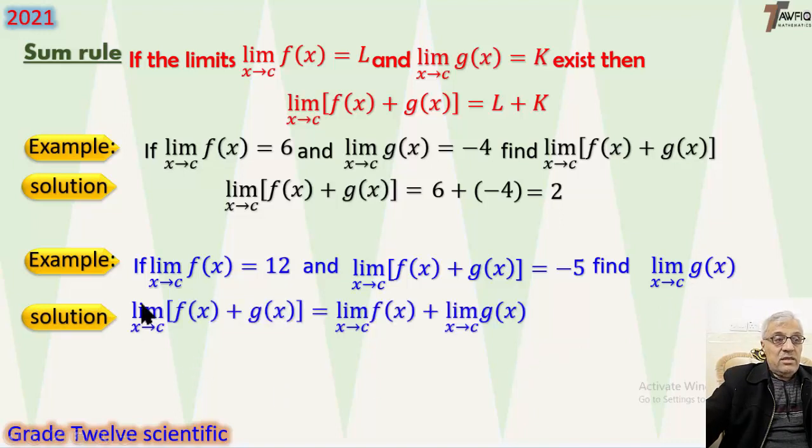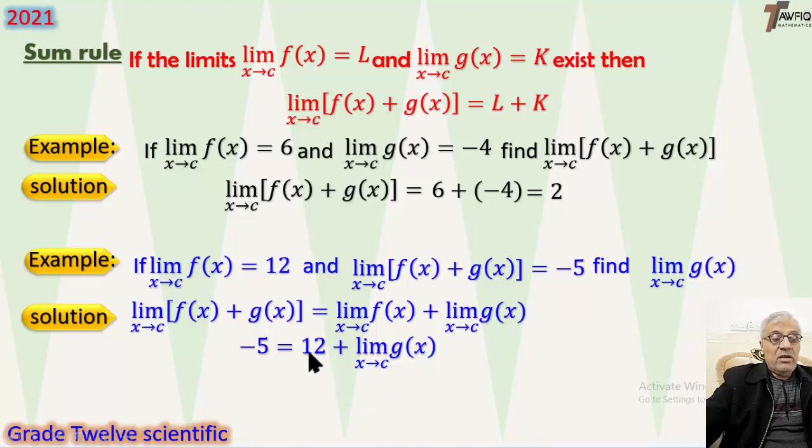We know that the limit of f(x) plus g(x) is equal to the limit of f(x) plus the limit of g(x). We replace the left side with minus 5, and the limit of f(x) with 12, and write plus the limit as x approaches c of g(x).